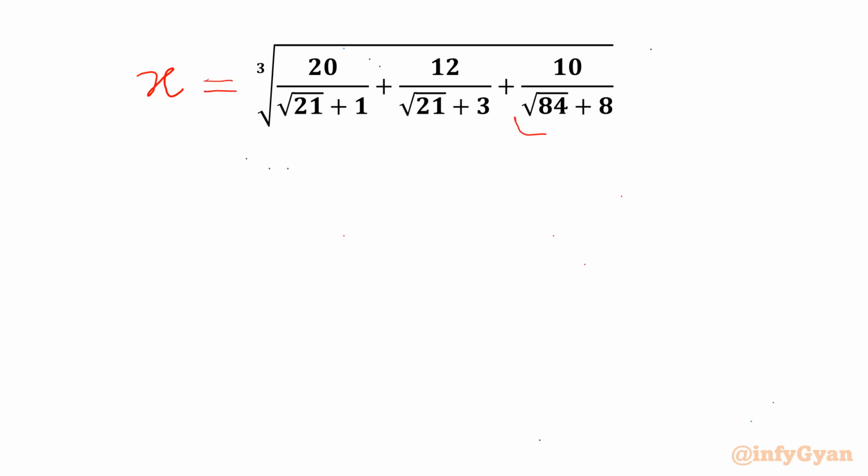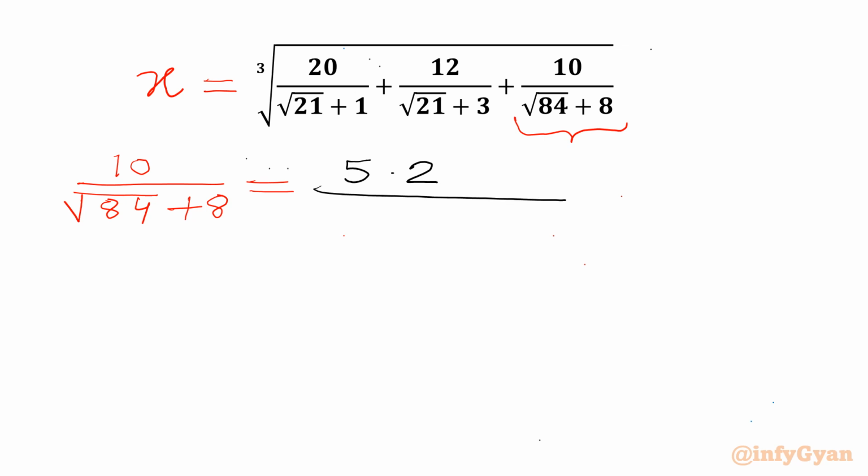Now I will take this expression separately. So 10 over square root 84 plus 8. Now we can simplify this radical expression. So 10 can be written as 5 times 2 over square root 84. We can write 21 times 4 as 84, plus 8.